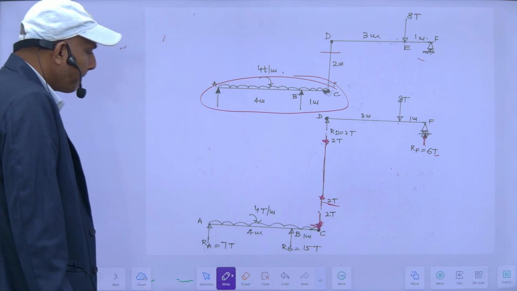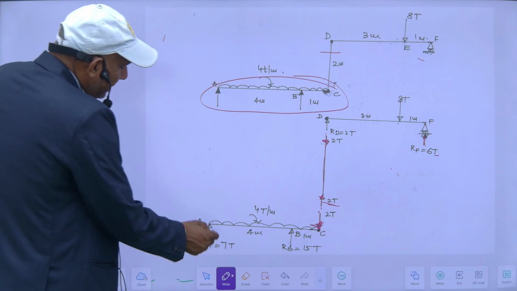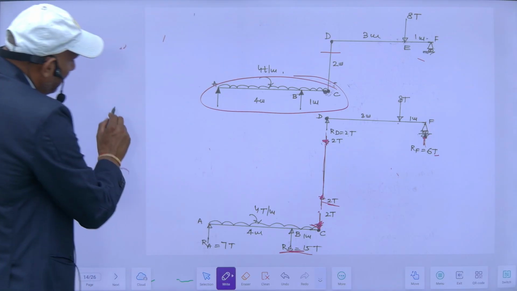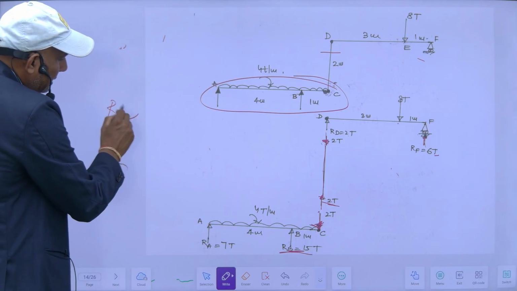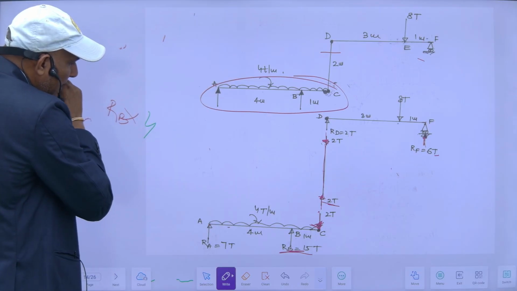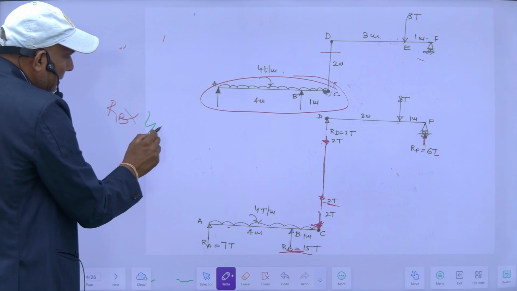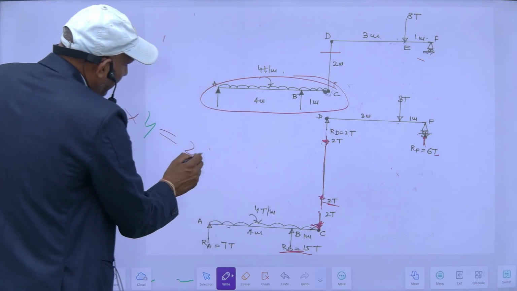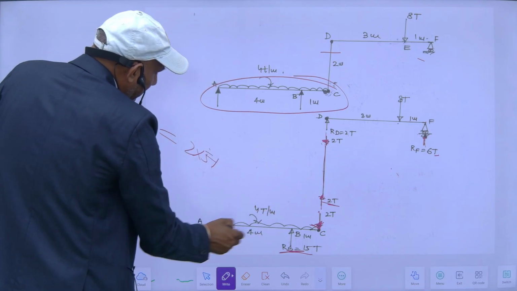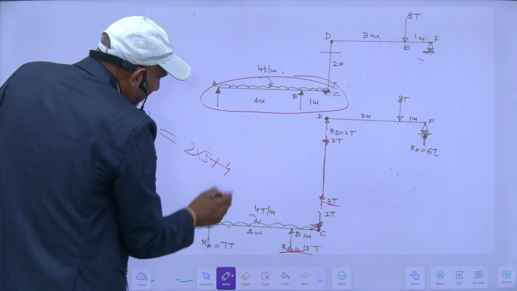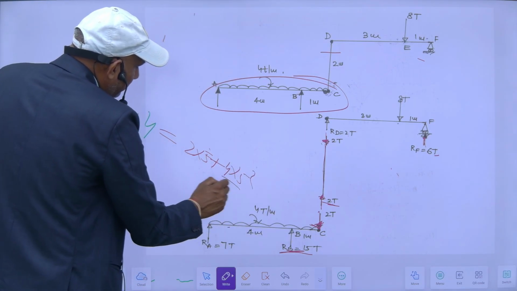Now if I take moments at A, suppose this reaction is RB, so it will be RB, it is sagging, RB into this 4 is equal to, these are hogging, so 2 into this 5 plus this 4 which is acting on 5 meter, 5 square by 2.